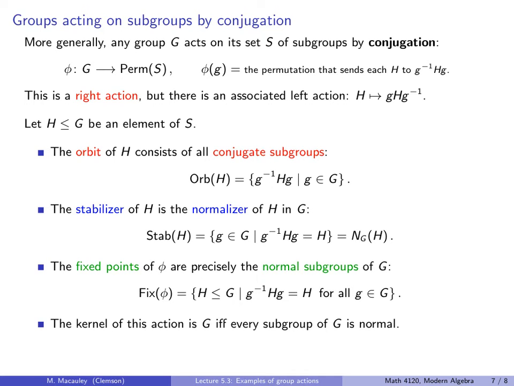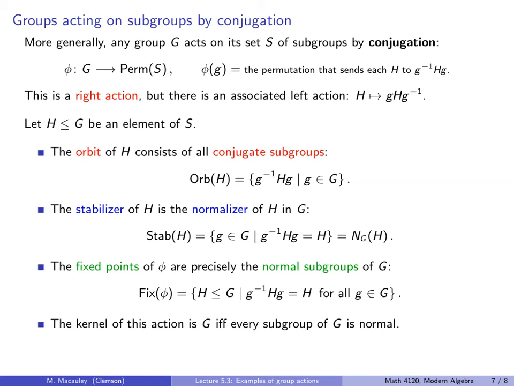Let's say a word or two about the kernel of this action. The kernel is everything in the group that gets sent to the identity permutation. In other words, every element whose button fixes every single subgroup. So the kernel of this action is the entire group G, meaning this map is the trivial map, if and only if every subgroup of G is normal.